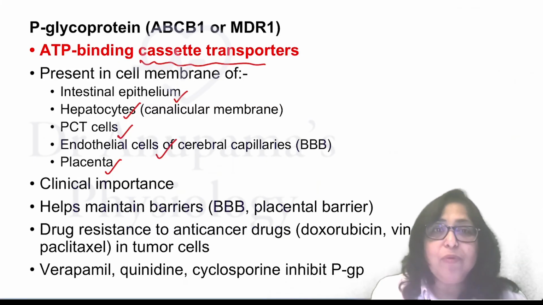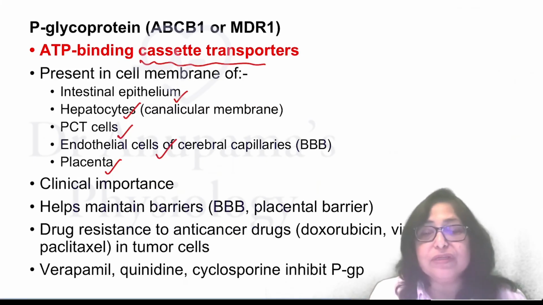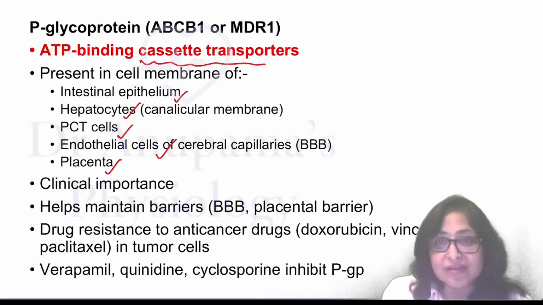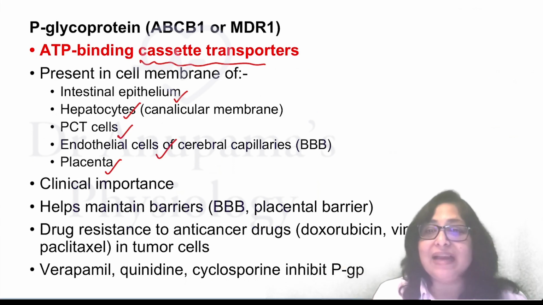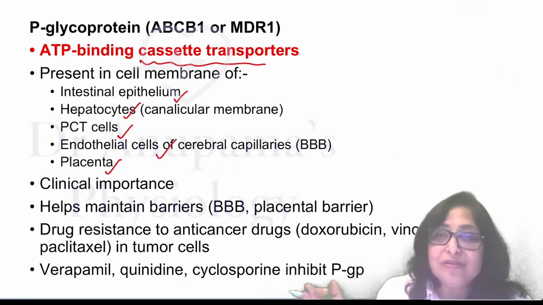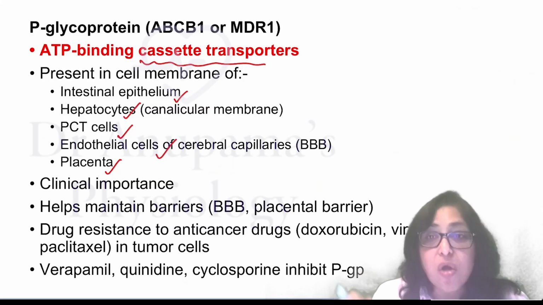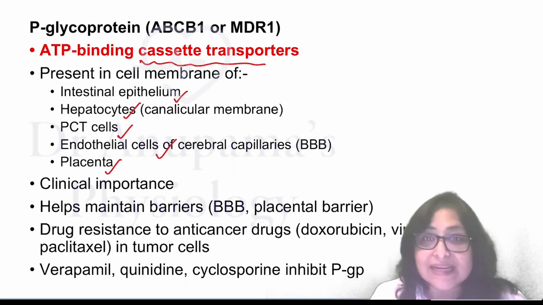Now, another very important clinical importance of the P-glycoprotein is that there is drug resistance to certain anti-cancer drugs like doxorubicin or vincristine or paclitaxel. That is because of these P-glycoproteins. They pump the drugs out of the cells back into the circulation, not allowing these drugs to act on the tumor cells.